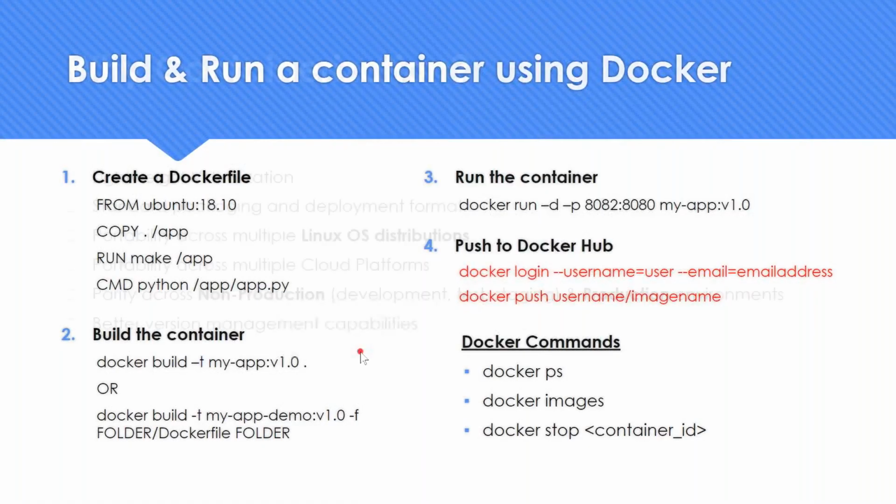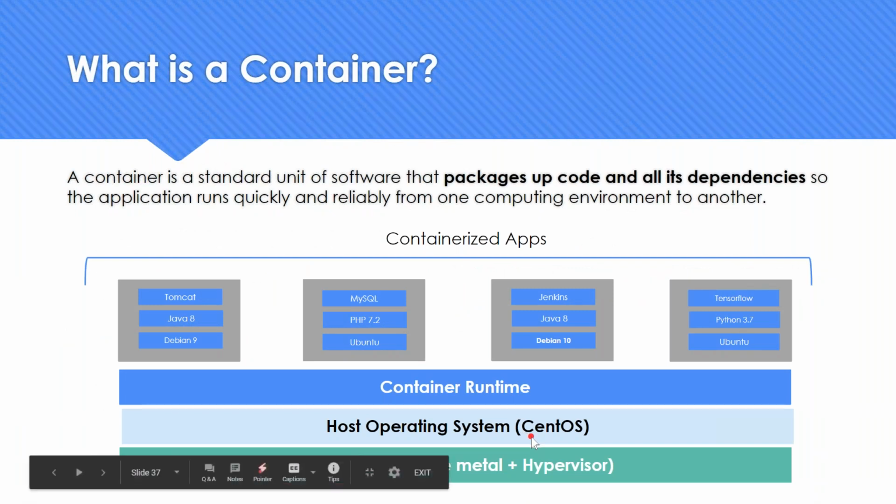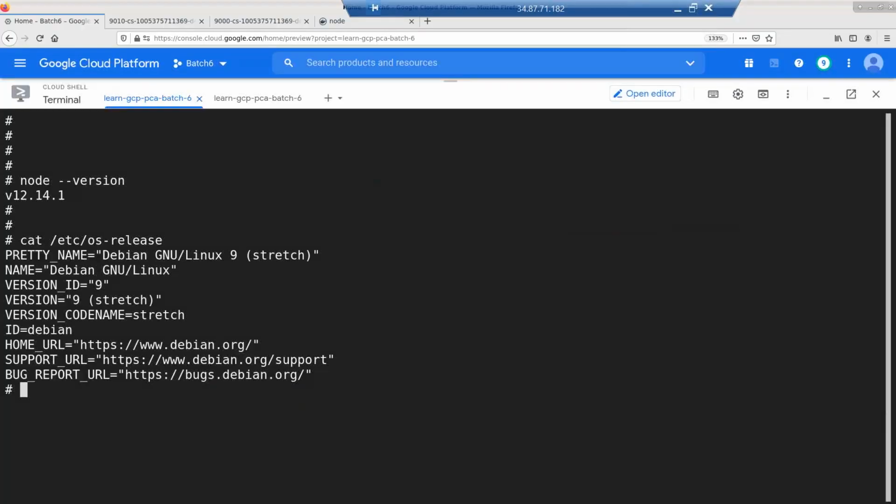If I just go a couple of steps back, you see this? It is something like this. The host operating system in our case was Debian 10. We have a Docker runtime, which is our container runtime, which is our Docker. Now we have an app which is using Debian 9 with a Node.js specific version. Now things are becoming clearer, folks. Is it becoming clear?